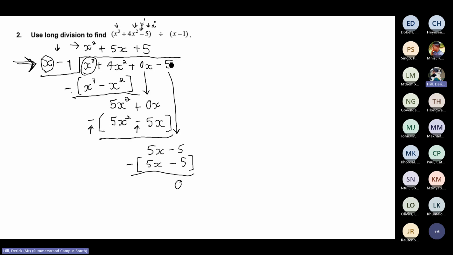And that means there is nothing else to do here. 0 divided by x minus 1 is 0. So we can say that this division gives me an answer of x squared plus 5x plus 5 with no remainder, and we got that answer from the roof of this house over here.